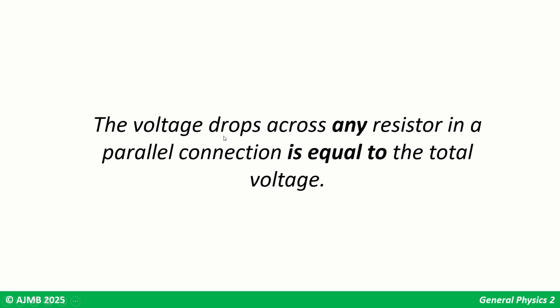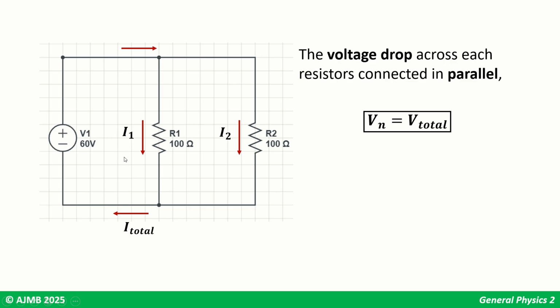How about in parallel? The voltage drop across any resistor in a parallel connection is equal to the total voltage. Okay? So what we mean here is, let's say for example, we still have 60 volts. We have a voltage gain of 60 volts.